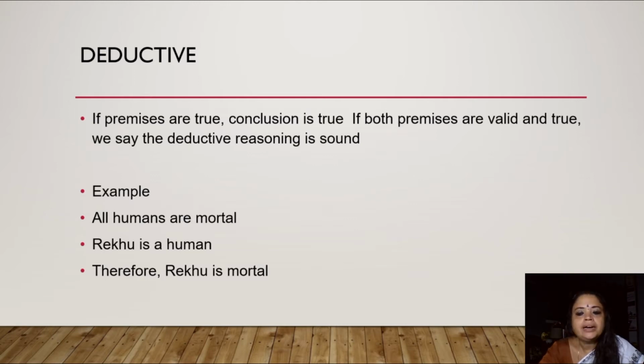So an example is, all humans are mortal, Rekhu is a human, therefore Rekhu is mortal. You can see that there is a general statement, and then specific premises coming up. So general to specific is the manner in which deductive reasoning occurs.